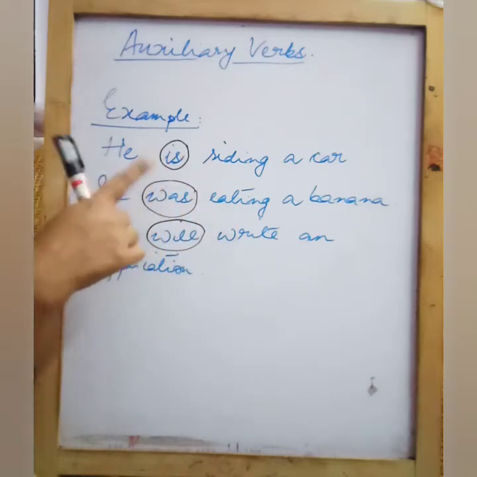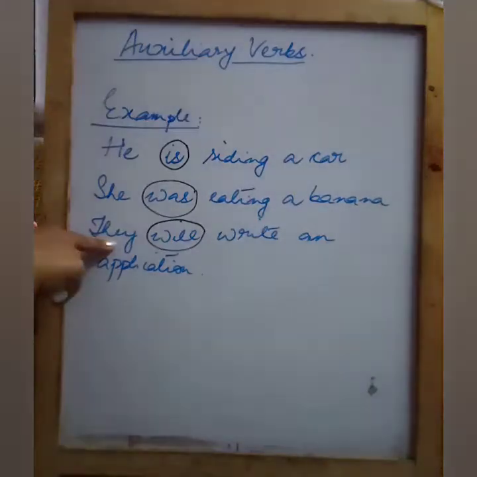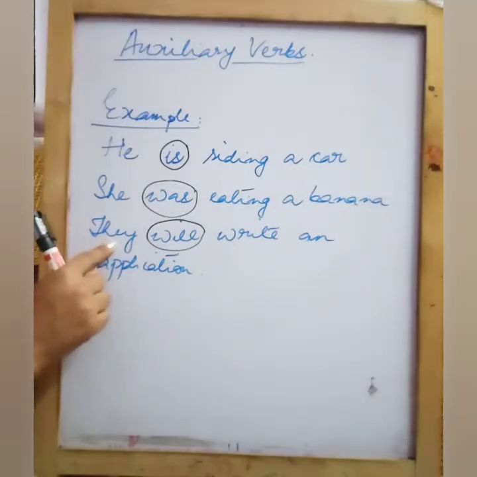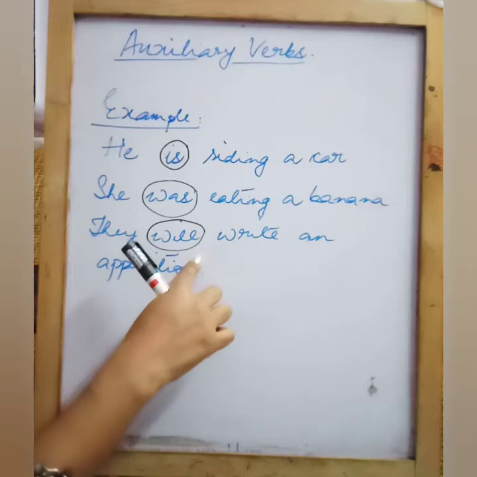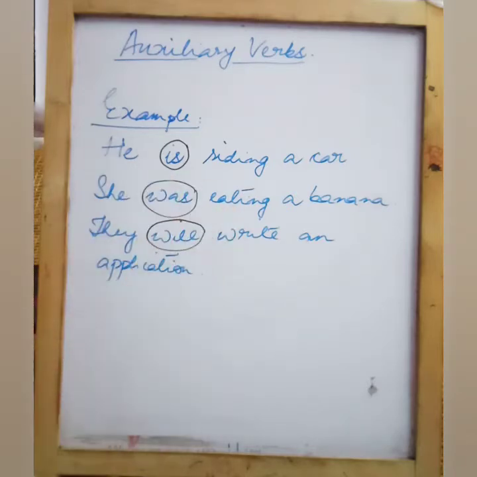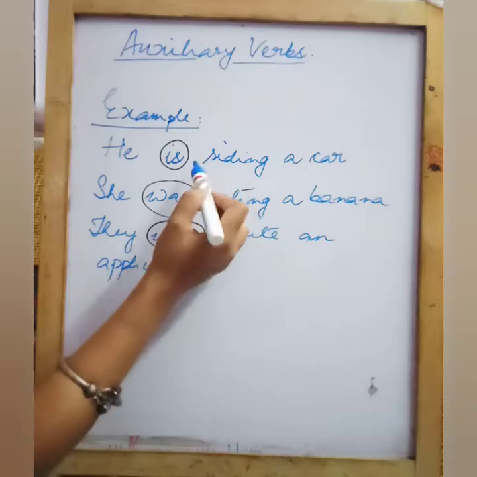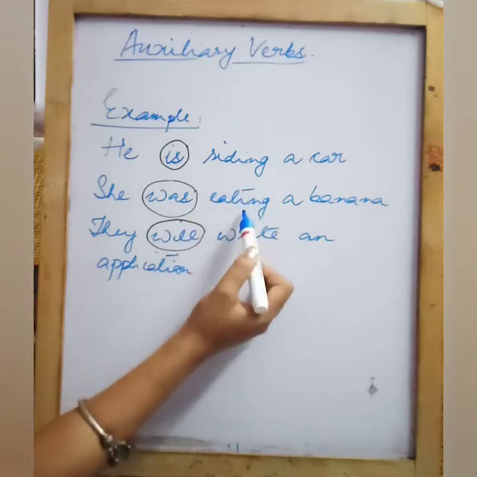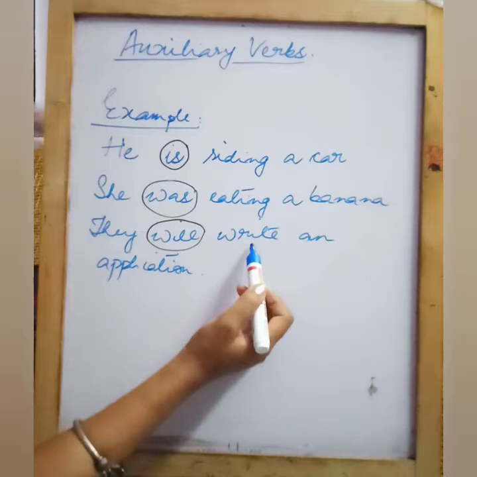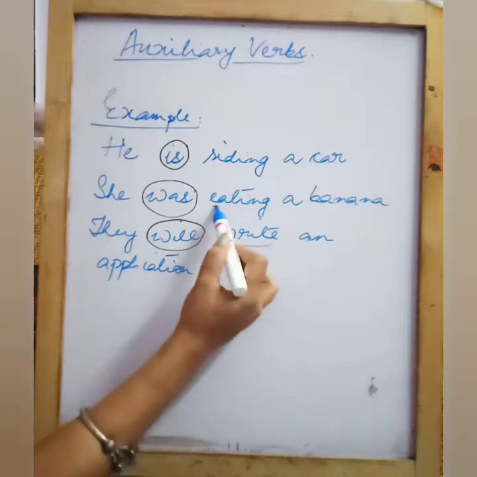Was is in the past tense. They denotes plural. And here it is will. It is denoting future. We are talking about the tense. So these words are being used with the main verbs, this riding, eating, or write. These are the main verbs in the sentence.